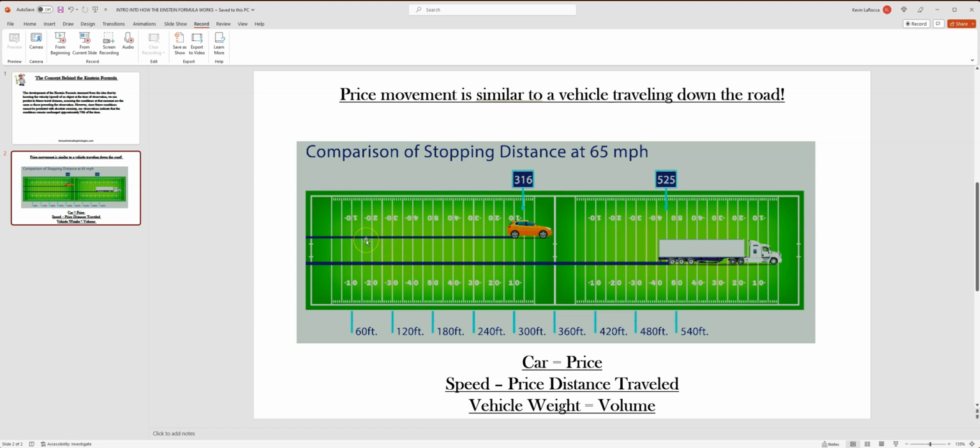If all conditions are normal at the time of the observation, so that means there's no big news in the market, there's nothing like that, then we're going to be able to predict with a fairly high degree of accuracy just how far prices are going to go. Now, can they go farther? Absolutely. But there are other things involved that could project it to a further distance. Or in some cases, maybe it doesn't go as far.